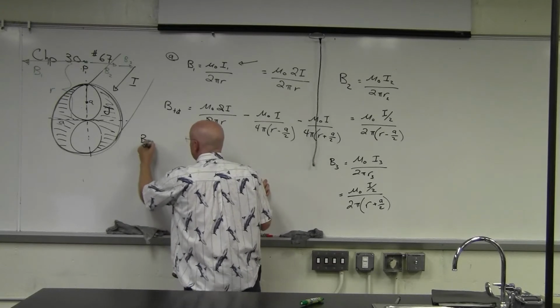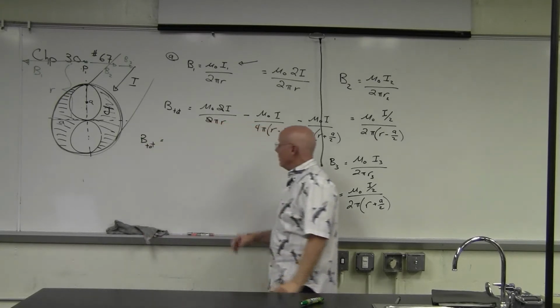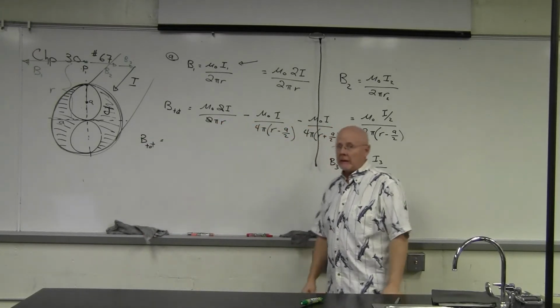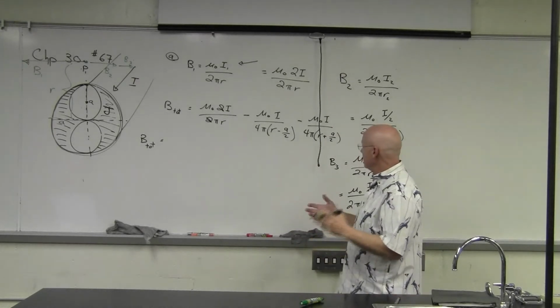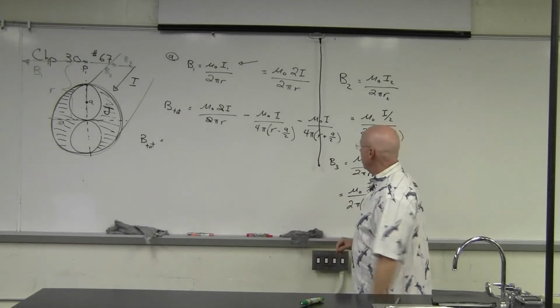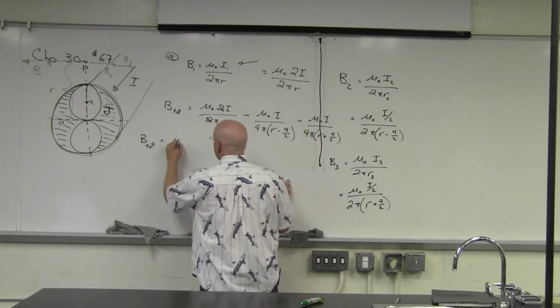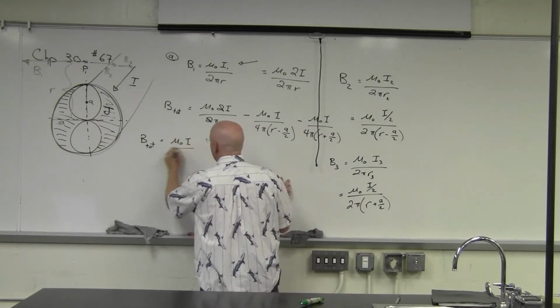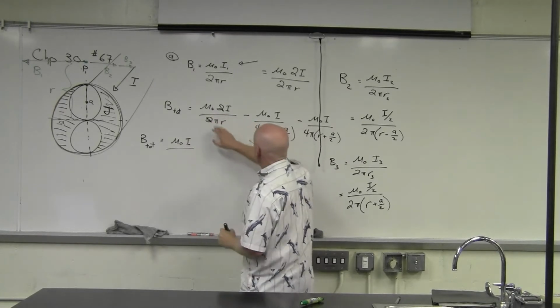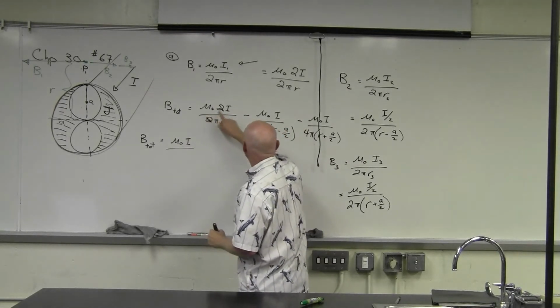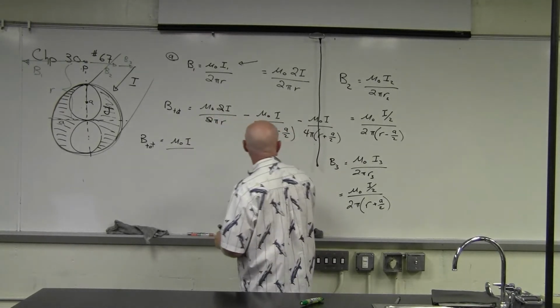Okay, now it looks like we've still got quite a bit of work to do because now we have to put 3 fractions together. And maybe I'll start with factoring out the common factors, and that would be a mu naught and an I, so each of those are in there.